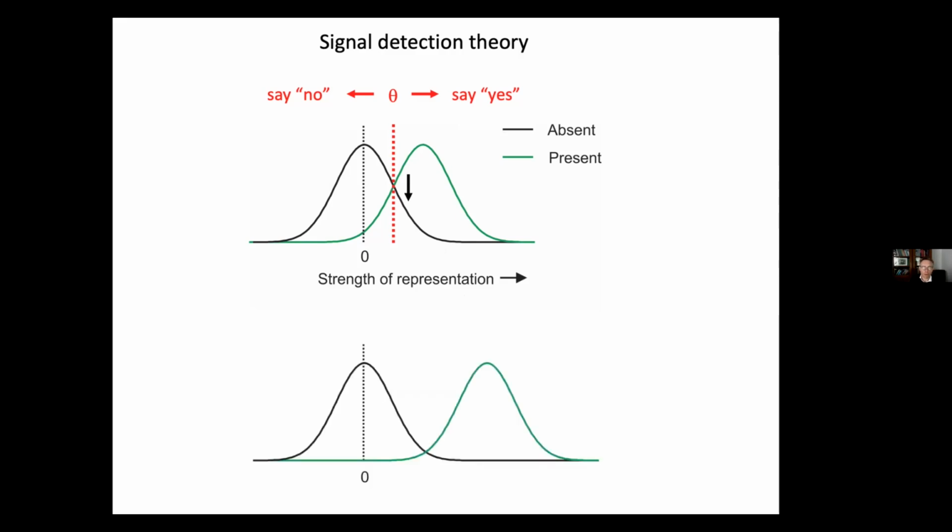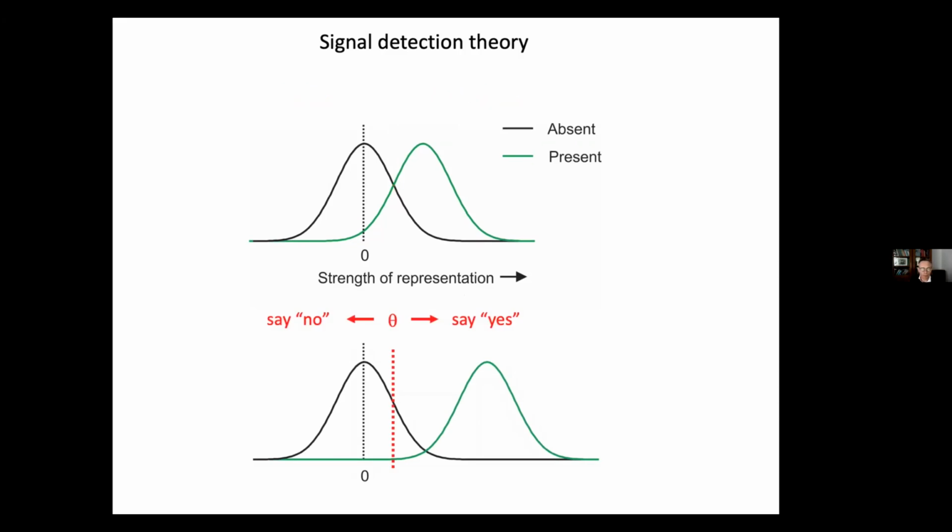So it's interesting to consider what would happen if I would present to you stronger stimuli. If you then use the same threshold, you notice that there's still quite a number of false alarms. It might be a good idea to raise the threshold a bit, because you're going to decrease the number of false alarms, and only slightly increase the number of misses, which is just the area under the green curve to the left of the red line.